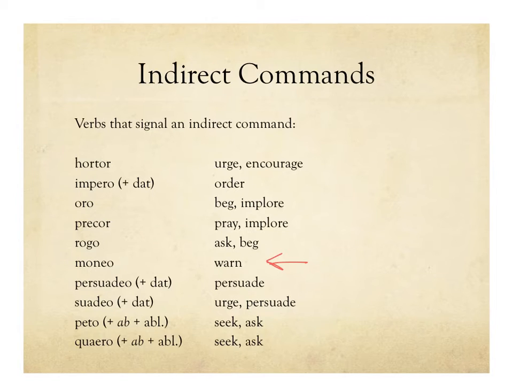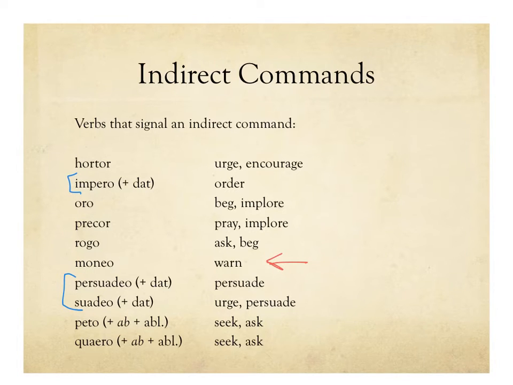I would draw your attention to a couple of words in particular that are kind of special. The verb impero, which is a pretty common verb that means to order, and persuadeo and suadeo. These verbs take a dative. So you order someone or you persuade someone in the dative.